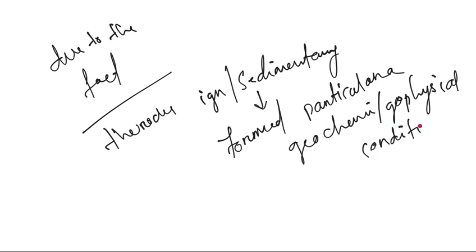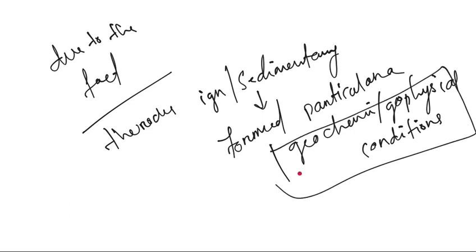Now, all the rocks are formed in particular geochemical and geophysical conditions. When these conditions change, then what happens? Metamorphism happens. Simple thing. When the original conditions in which the rocks were formed change, metamorphism occurs.